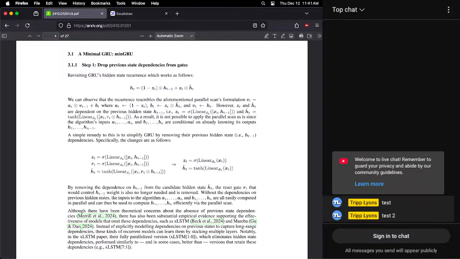Wait, so Z is the weighting. Where's the content? H is the hidden state. Z and R. Oh, where's R in this? It's in H, this H with a tilde.